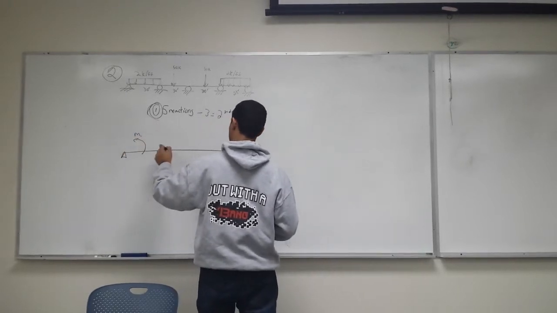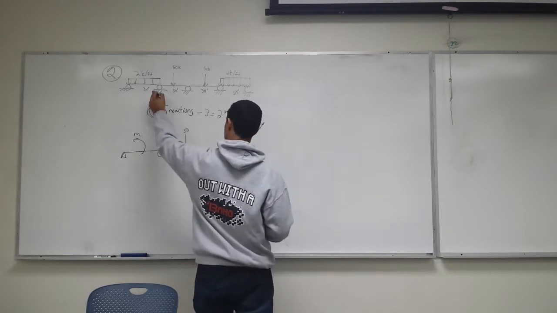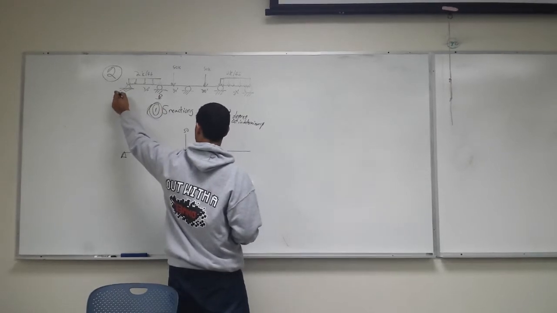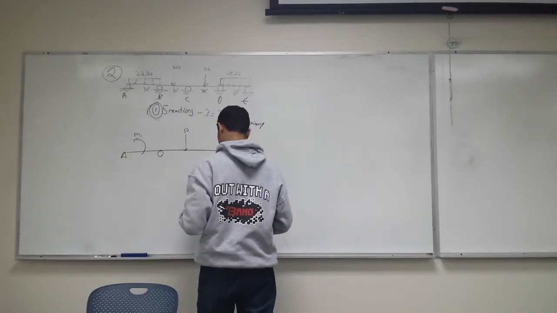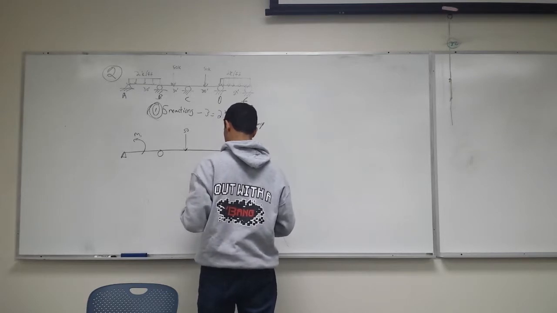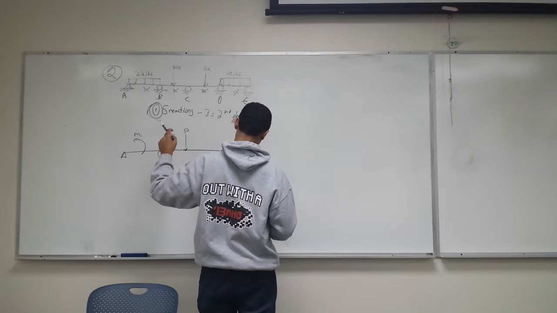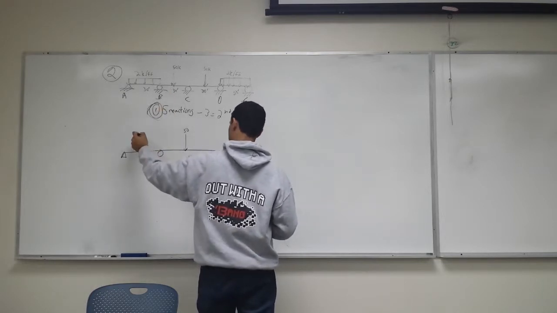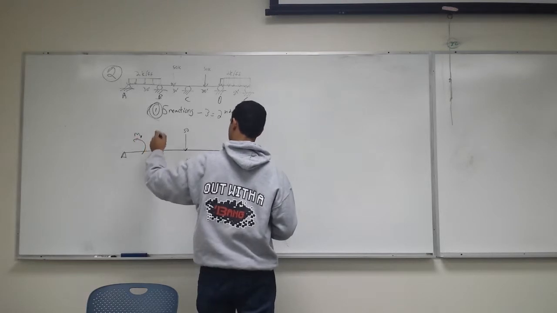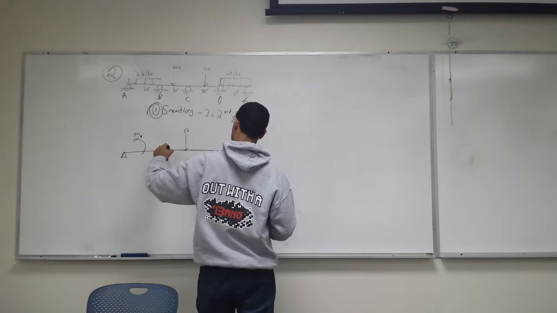There's another cut between the 50 kip load and the reaction B. By the way, these are reactions A, B, C, D, E. Between reaction A and B, there's moment 1. Between reaction B and the 50 kip load, there's moment 2.